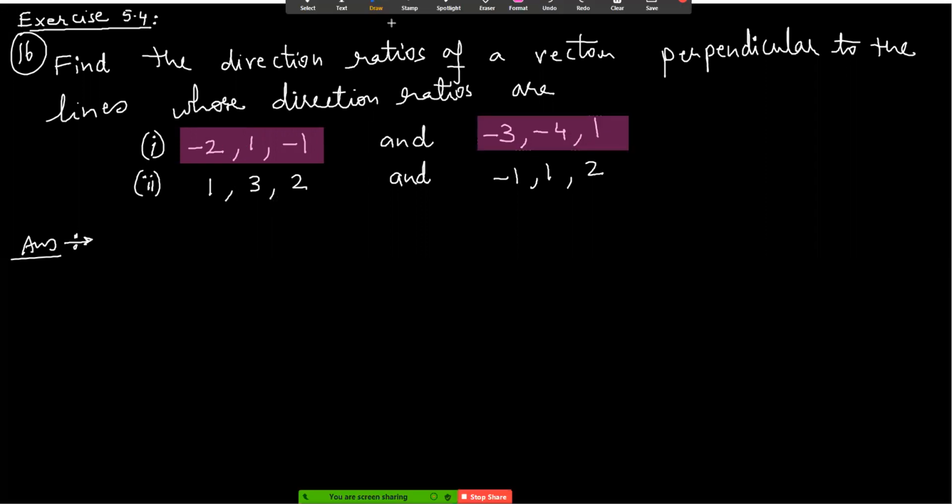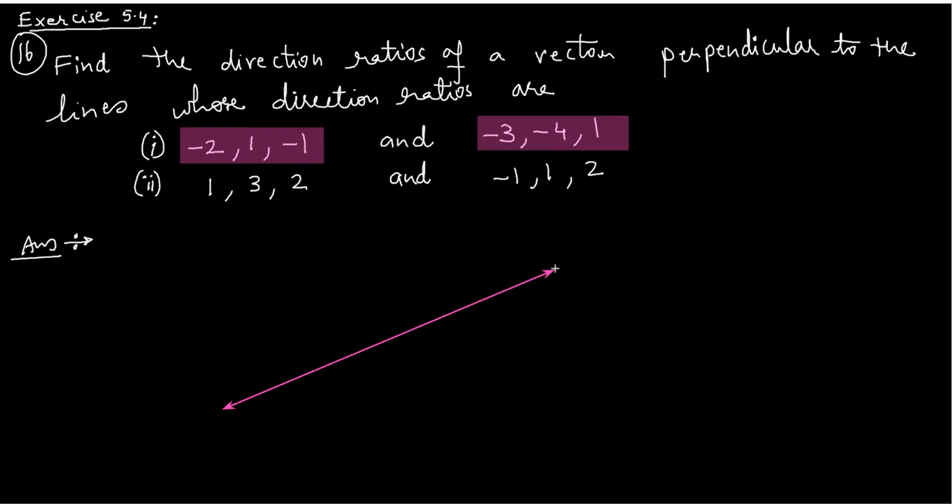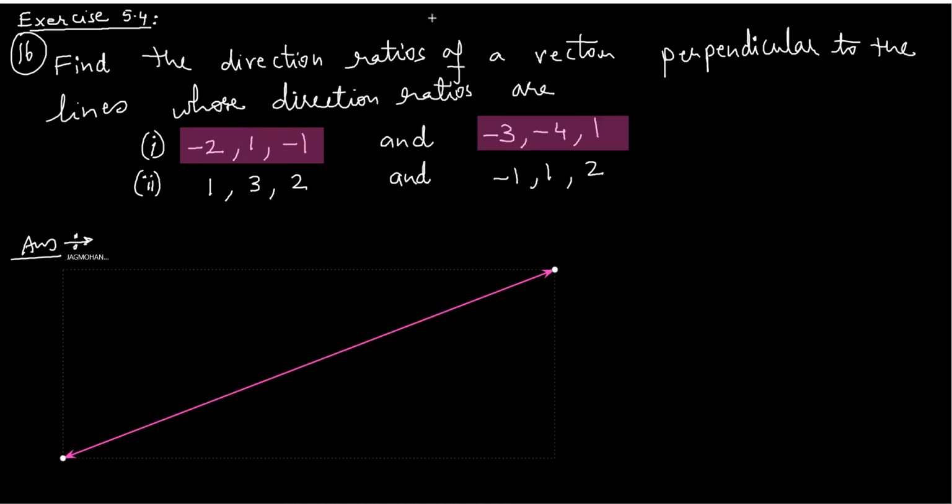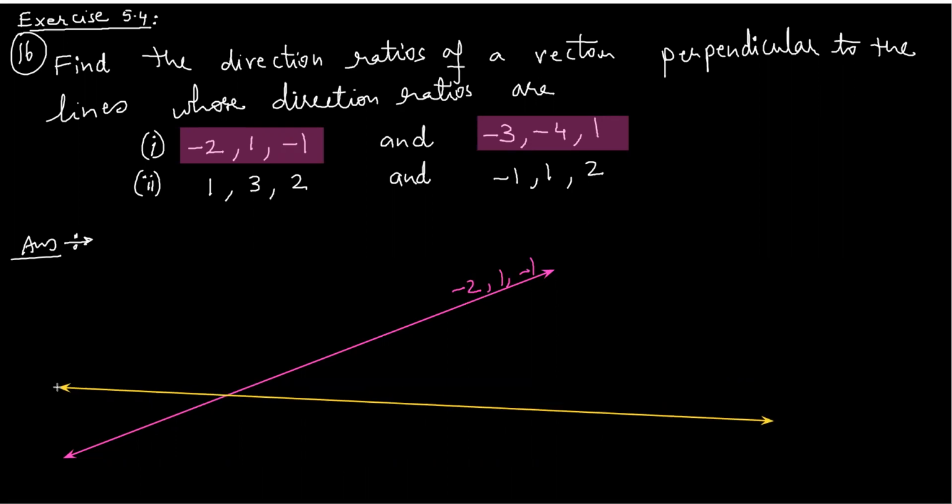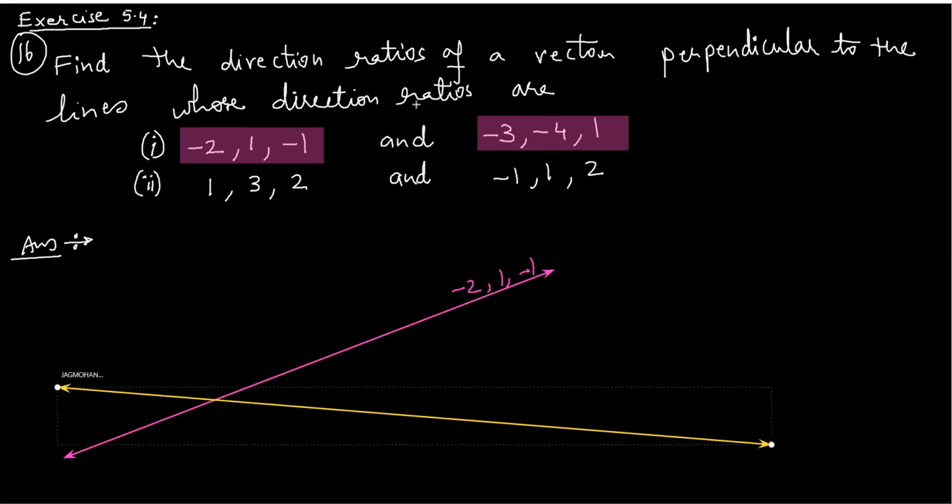So say this is one line, which has the DRs -2, 1, -1. And then we have another line, and the DRs of this line are -3, -4, and 1.